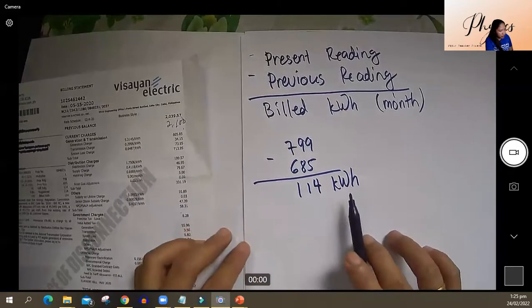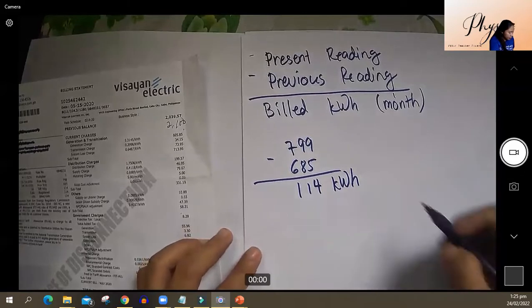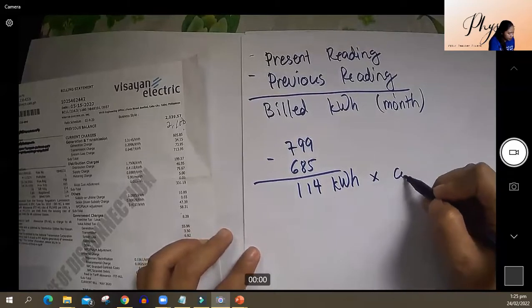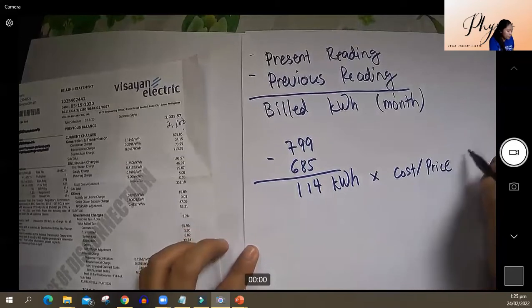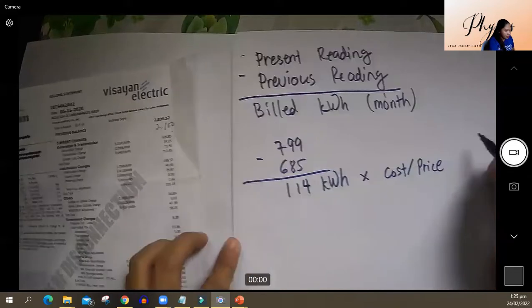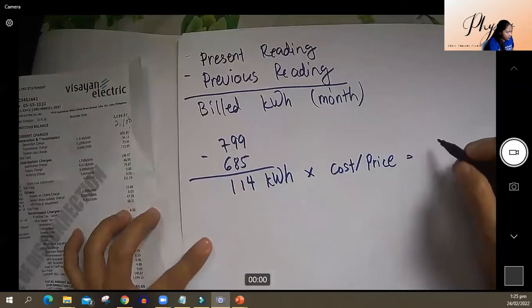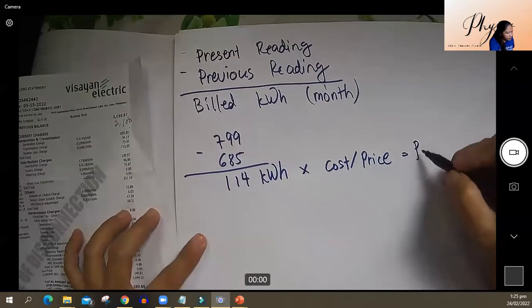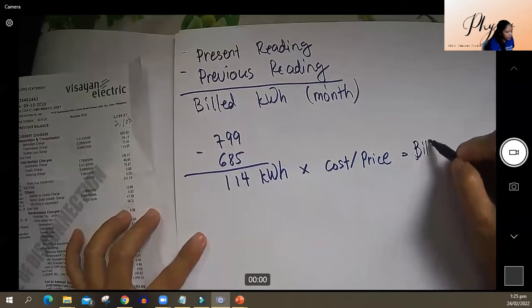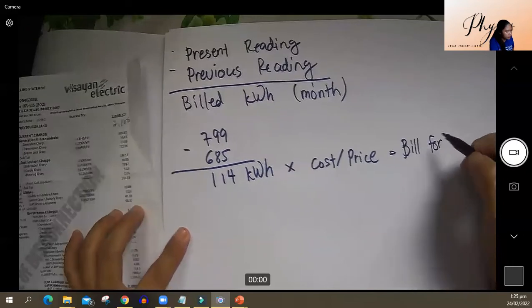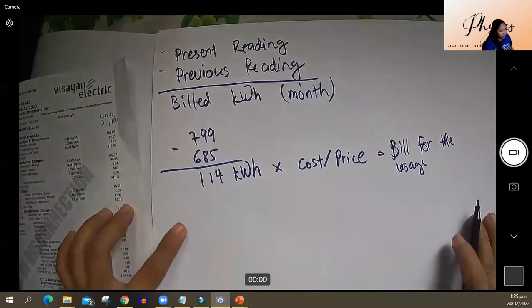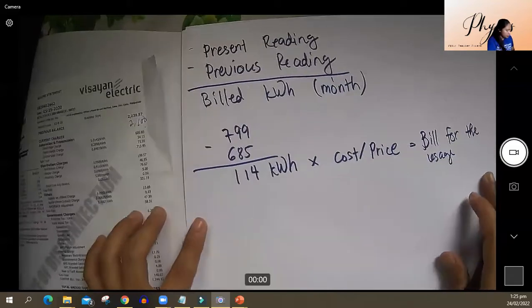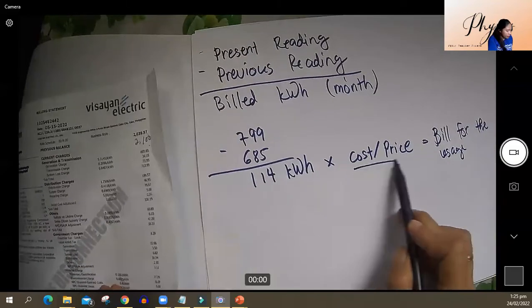But how much is this in peso? So you have to multiply this with the cost or the price per kilowatt hour, and that will give you your bill for the usage. So where do I get this information?